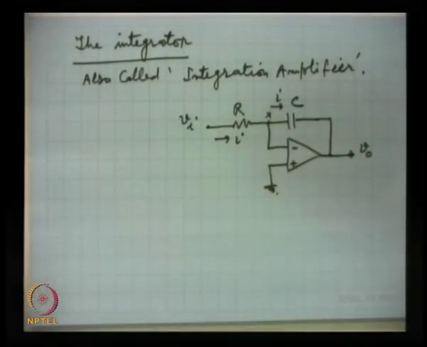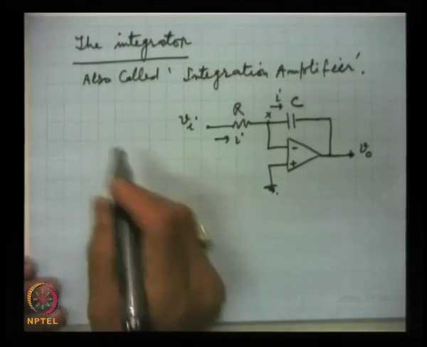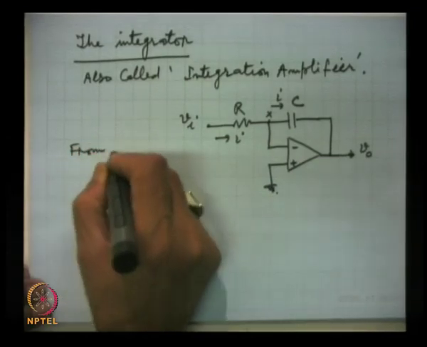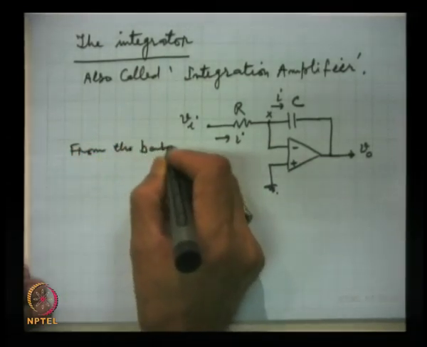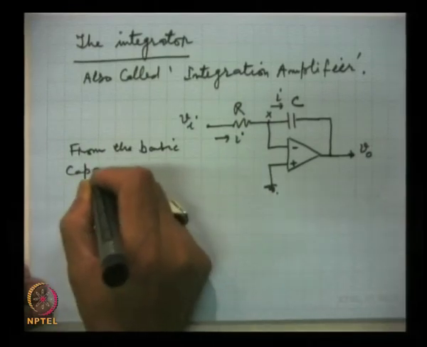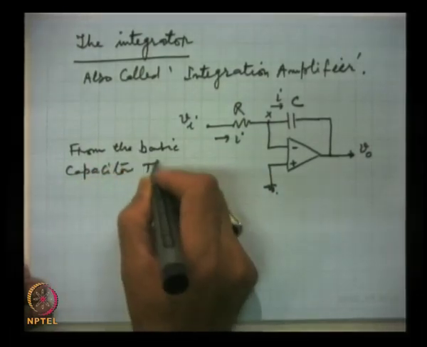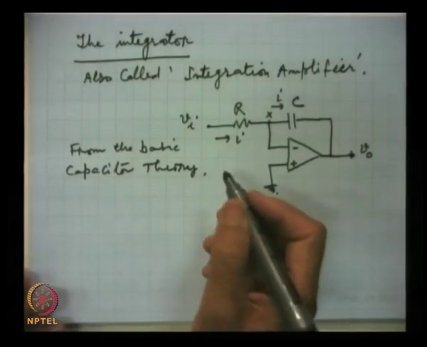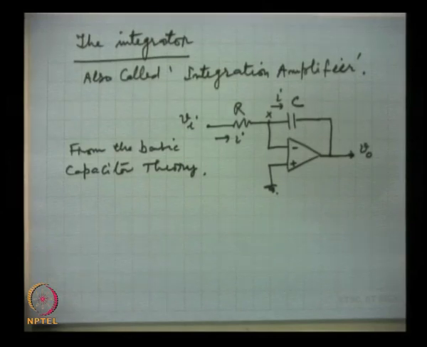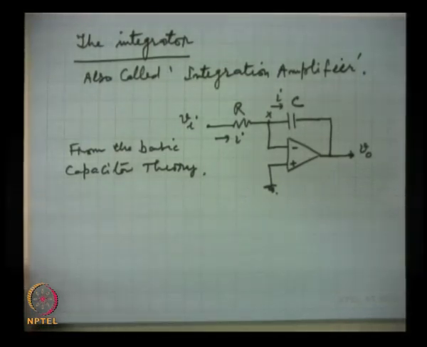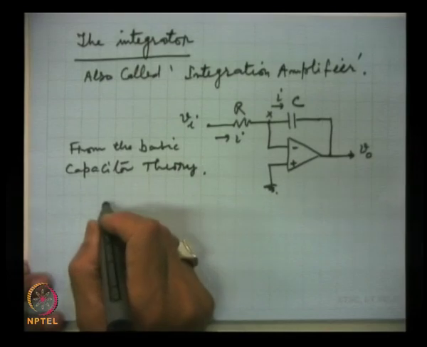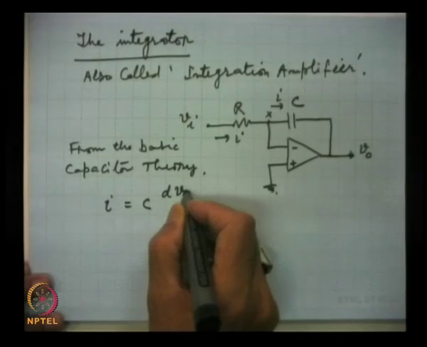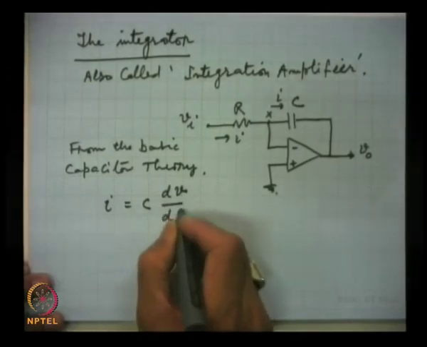Now, from the basic capacitor theory, the voltage developed across the capacitor and the charging current have a relationship that I is equal to C dV by dt.